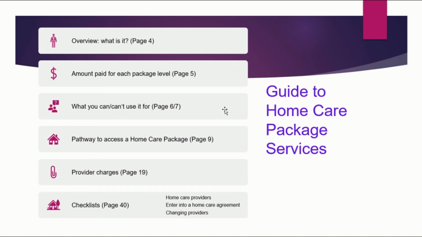Once you do become eligible for it, what happens then? Page 19 talks about what provider charges you get, and also page 40 talks about what checklists you should be using when selecting a home care provider, when you're entering a home care agreement, and what happens when you're changing providers.